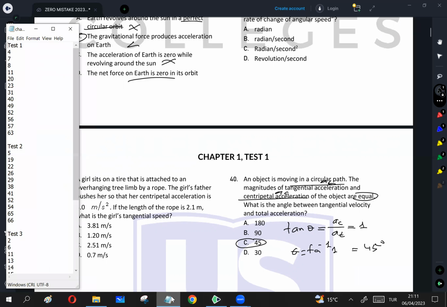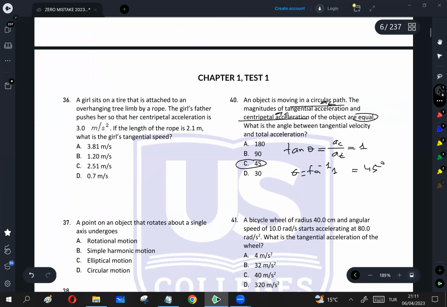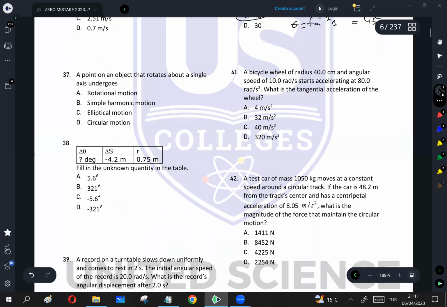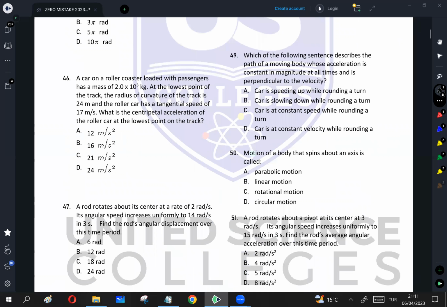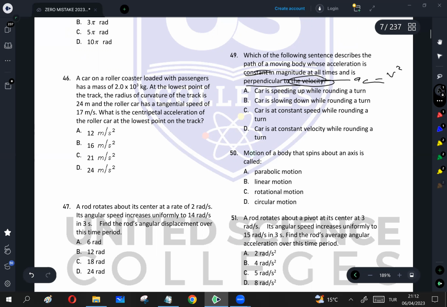And after 40, 49. Which of the following sentences describes the path of a moving body whose acceleration is constant in magnitude at all times and perpendicular to velocity? Only one acceleration is perpendicular to velocity. It is the centripetal acceleration, AC. And the acceleration is constant in magnitude. AC constant in magnitude means V squared over R must stay constant.